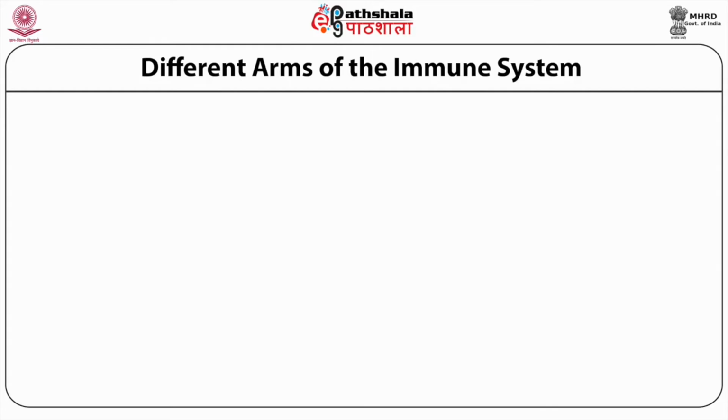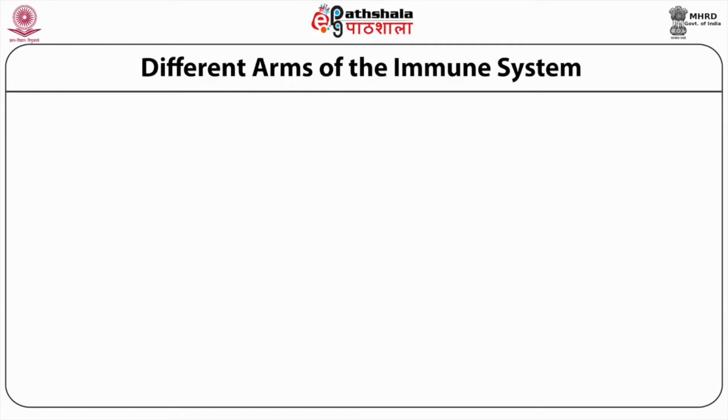Let us take the example of the encapsulated gram-positive cocci, which are major examples of bacteria which can resist phagocytosis because of the protective action of the polysaccharide capsules.